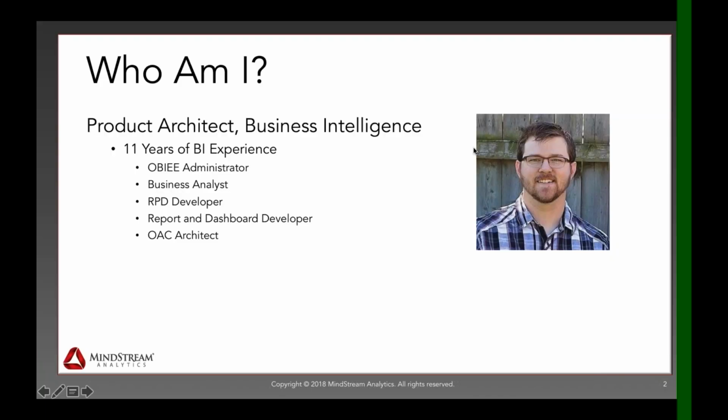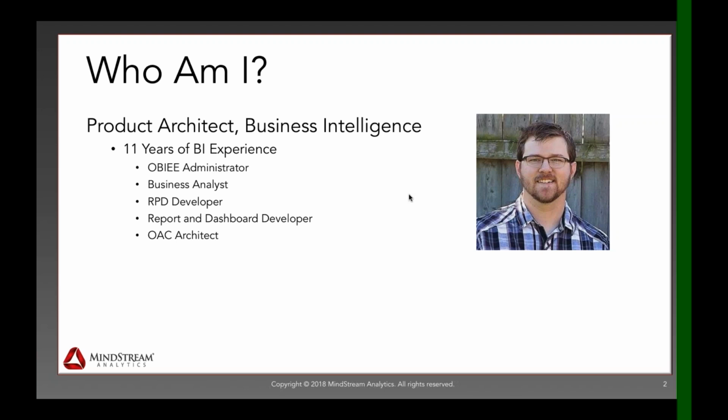So I thought I'd best start with a little introduction to myself. As Michelle mentioned, I'm a product architect in business intelligence with MindStream Analytics. I've been working in business intelligence for nearly 12 years now, primarily with OBIEE.